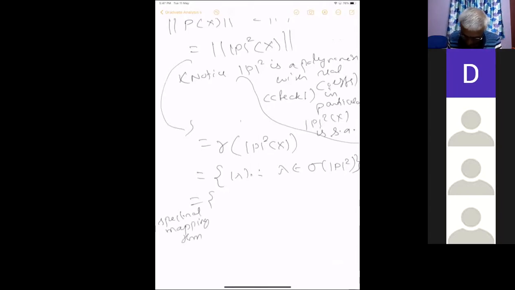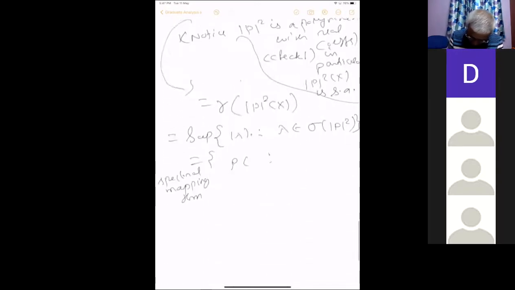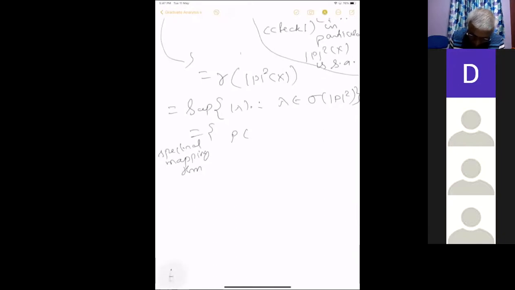This is the same as, it should be a number, not a set, so sure, the supremum of |p of lambda|, lambda in sigma of that.